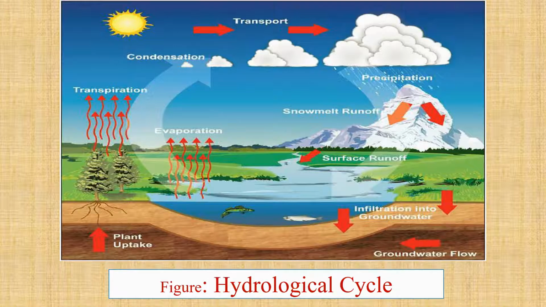You may observe here. Due to the heat of the sun, water in the oceans and seas evaporates. Evaporation starts in the oceans and seas because of the heat of the sun.